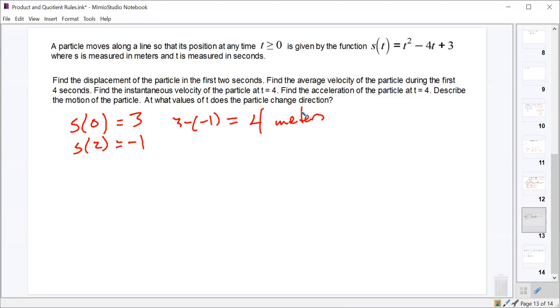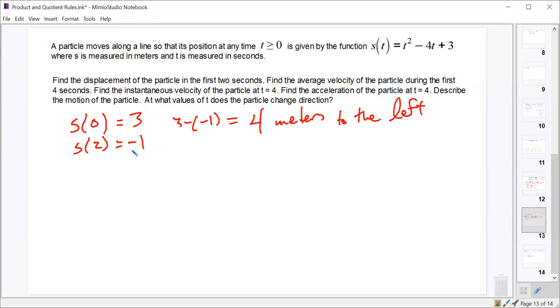And if we want to give direction to this displacement, it should be to the left, right? Because we're going from 3 to -1. Everybody good with that?